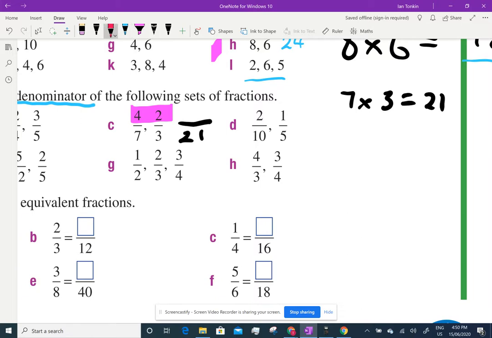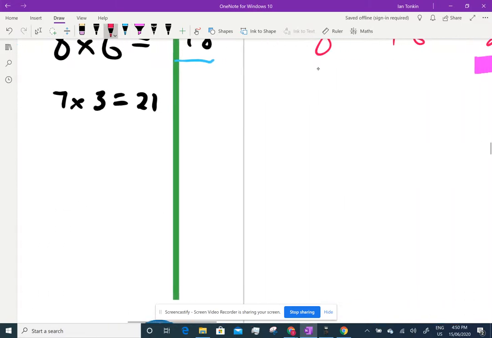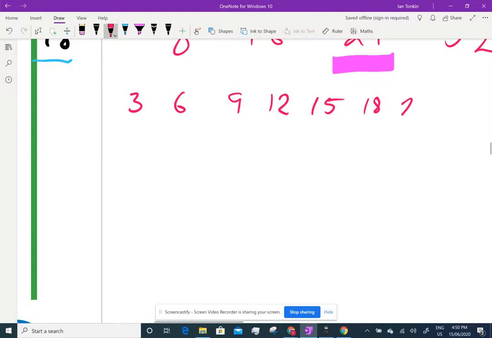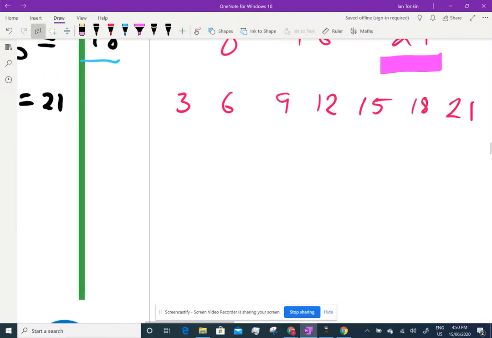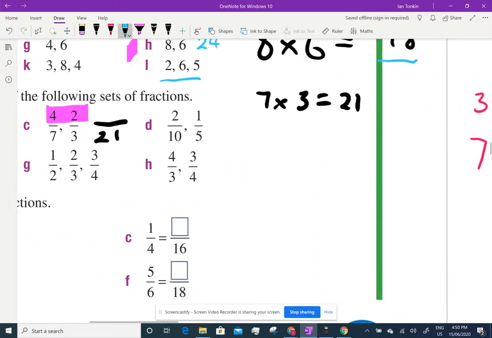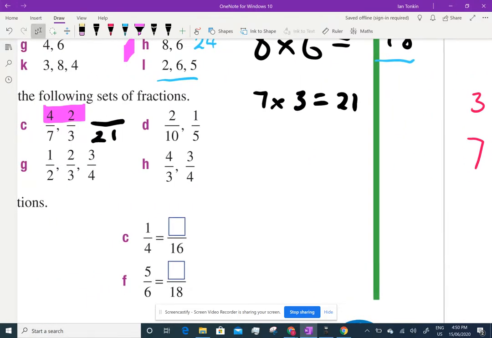If I do my 3 times table, 3, 6, 9, 12, 15, 18, and 21, I know I can stop there because I've already done 3 times 7. And then I take my 7 times table, 7, 14, 21. And no, there aren't any lower than 21. So I know that the lowest common denominator of that fraction is 21.